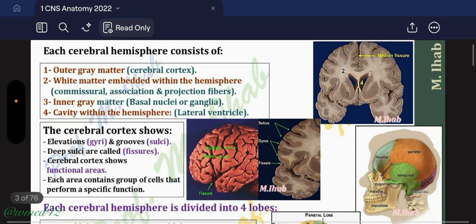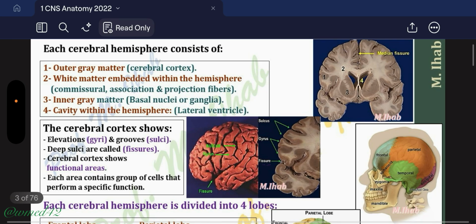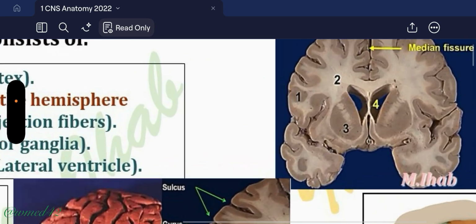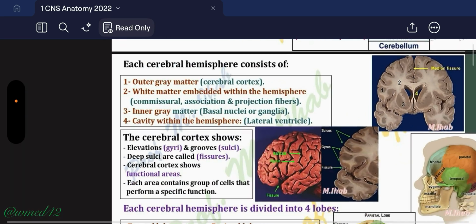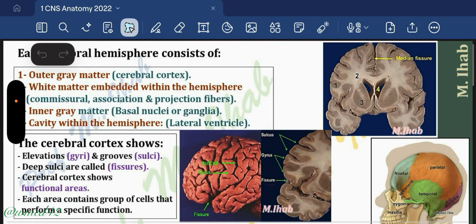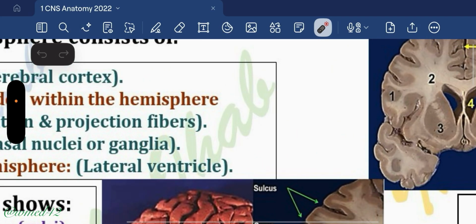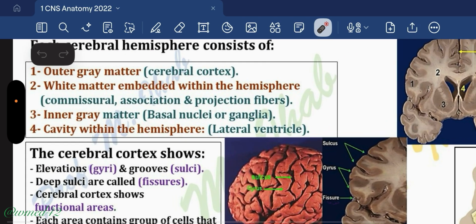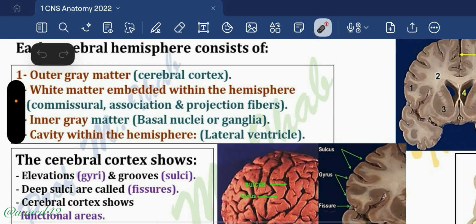Each cerebral hemisphere consists of outer gray matter, which is the cerebral cortex. This is the cerebral cortex, the gray matter.